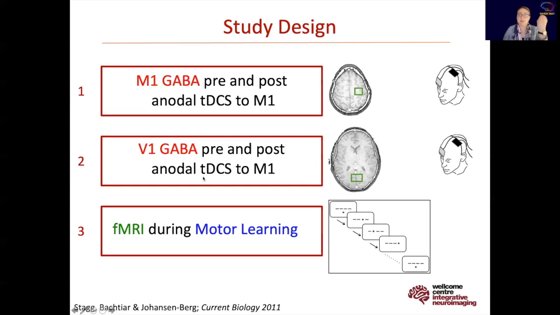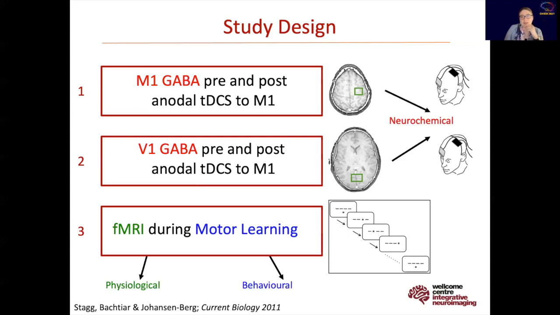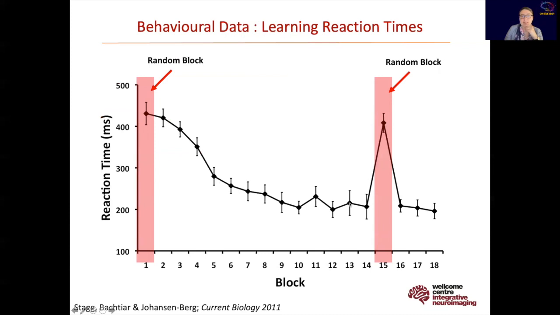So we've got responsiveness to stimulation on one day, GABAergic modulation, and we've got a learning and fMRI study on another day. We can take the behavioral data from our learning study and quantify a learning measure, just how much people decrease their response times as they learn the task.